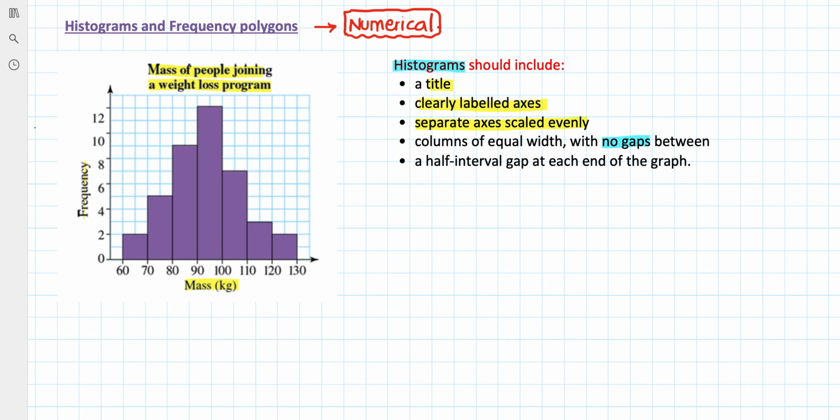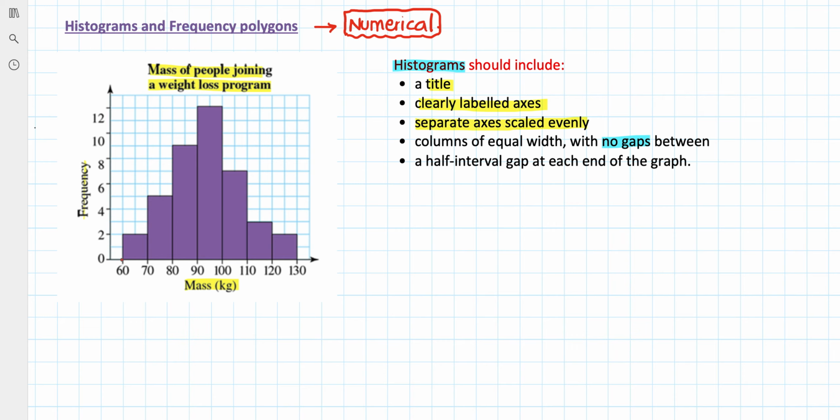Now, something that I want to point out here that is very important, girls. You see here that they have like a range here. This bar, so these people that are represented here, that we know that there are 2 people, are from 60 to 70 kilograms, sorry. So their weight was between 60 and 70 kilograms.